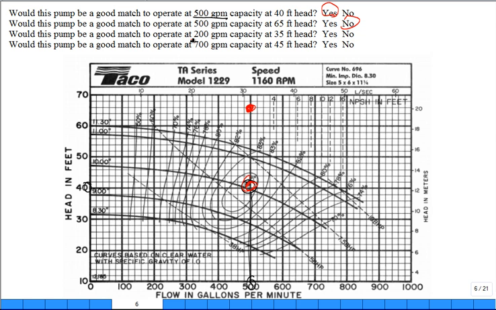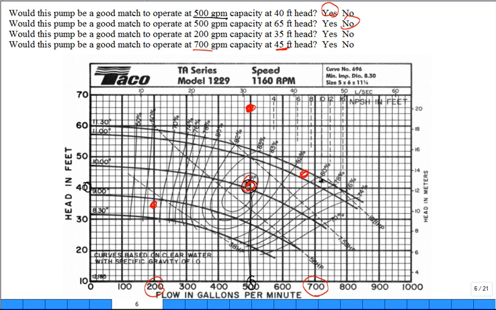How about 200 GPM at 35 foot of head? It's really out of the sweet zone of operation. Oh, it'll probably do it, but if that's where you're going to operate, go get a different pump, okay? How about 700 GPM at 45 foot of head?